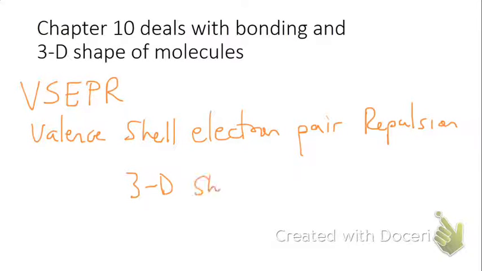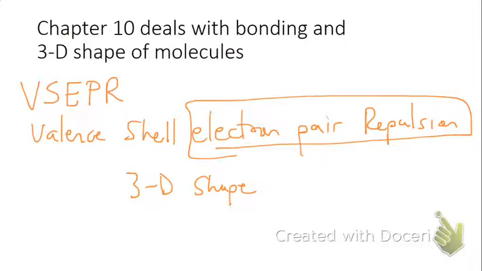So the 3D shape. What makes a 3-dimensional shape of a molecule is this repulsion of electron pairs, whether they be bonding or lone pairs. We'll talk a little bit about this as we continue on.